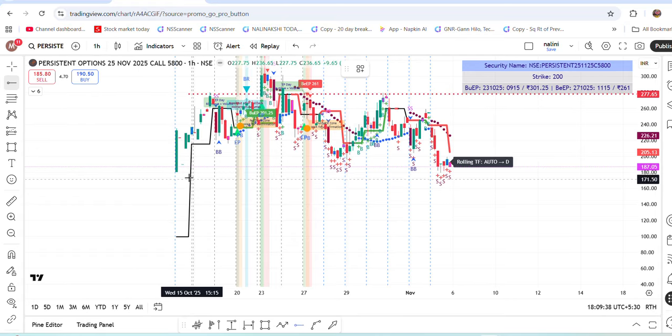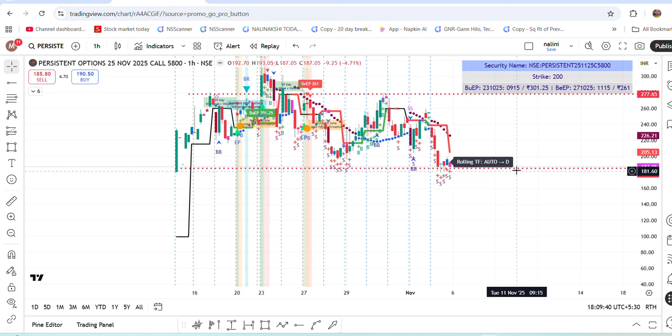Once it starts moving below 183, that is a confirmation that the persistent system is going down. You have to track both the call option and the put option and make your decision, and you can understand the Wyckoff distribution pattern very easily with the help of this episodic pivot and rolling pivots.